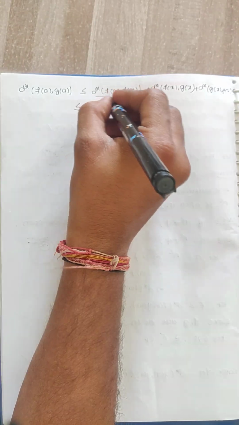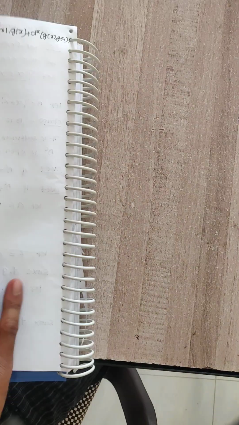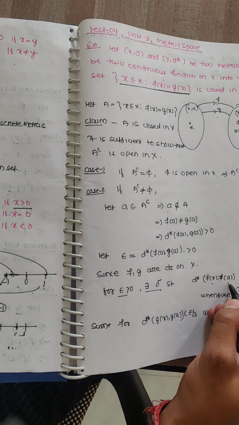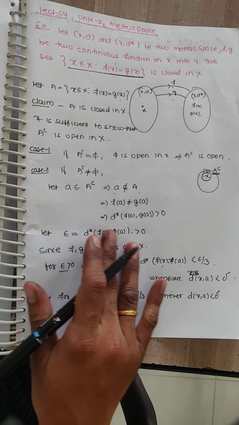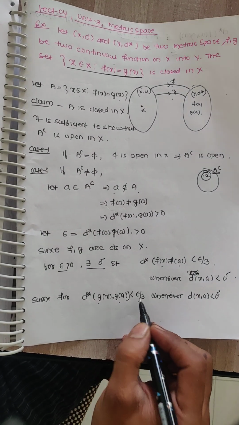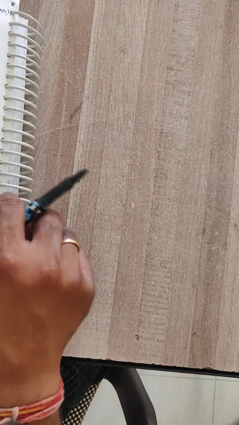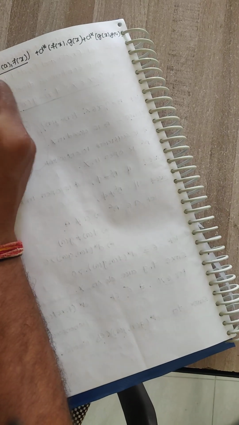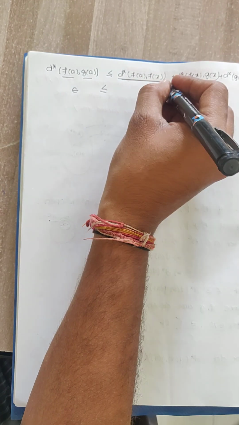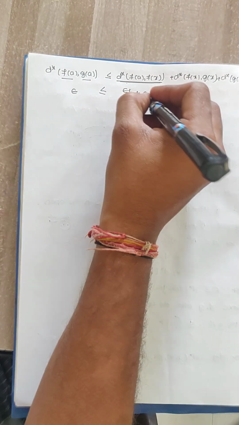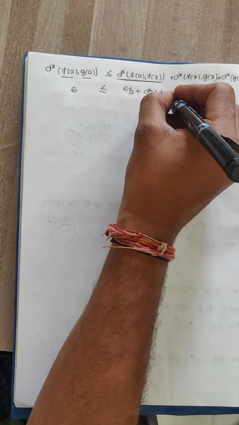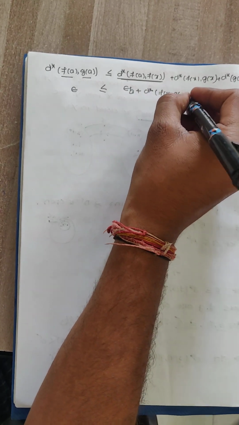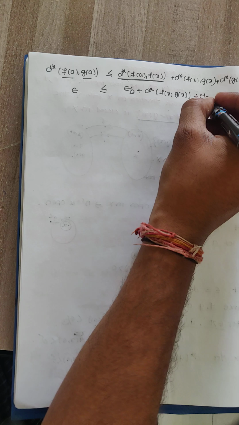Now the distance between f(a) and f(x) we just showed is less than epsilon by 3, and the distance between g(x) and g(a) is less than epsilon by 3. And the distance between f(a) and g(a) is nothing but epsilon, as we have taken. So epsilon is less than epsilon by 3 plus the distance between f(x) and g(x) plus epsilon by 3.